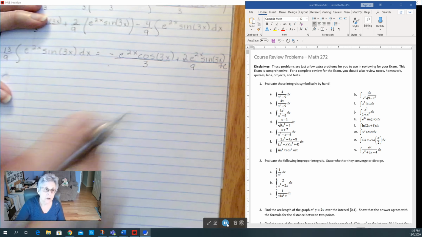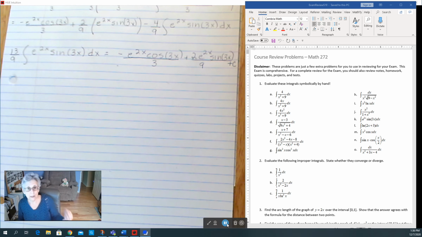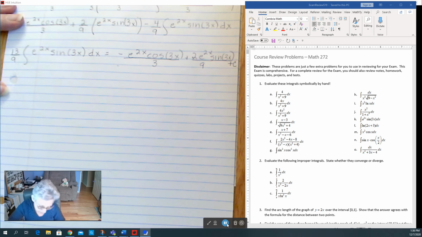So now I just multiplied both sides by 9 over 13.